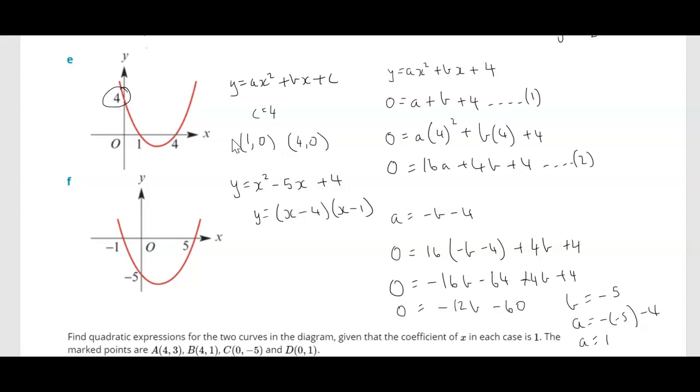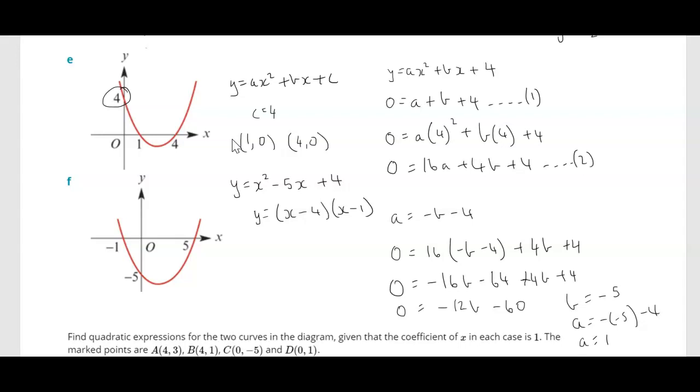I think that would have been a common error, but I knew that a had to be positive because it's a positive parabola. So I knew that I had made a mistake without even checking my answer, because it's a positive parabola, but my value of a was negative and I knew it had to be positive. So that's why I went back and checked my answer.